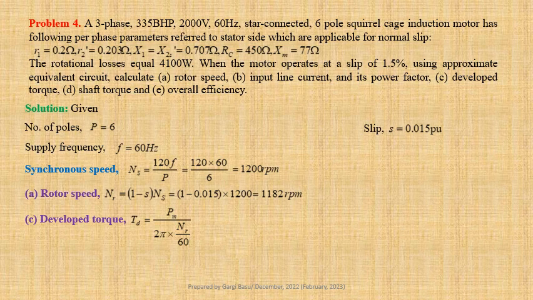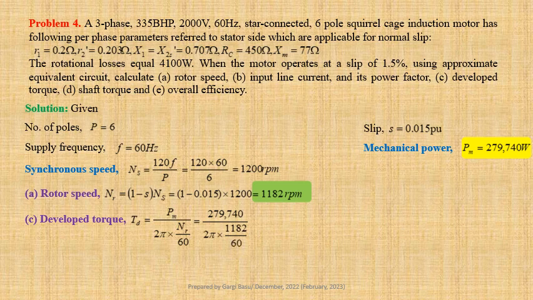Expression for developed torque Td equals Pm divided by 2 pi into Nr by 60. We have obtained mechanical power developed Pm equals 2,79,740 watts. Therefore, Td equals 2,79,740 divided by 2 pi into 1182 by 60, which is approximately equal to 2,260 Newton meter. Expression for shaft torque TSH equals PO divided by 2 pi into Nr by 60.